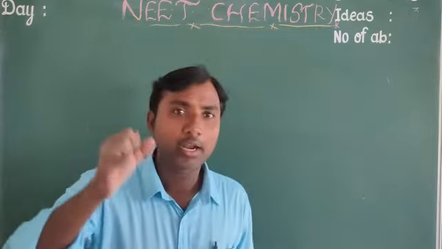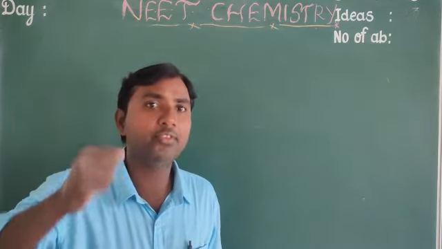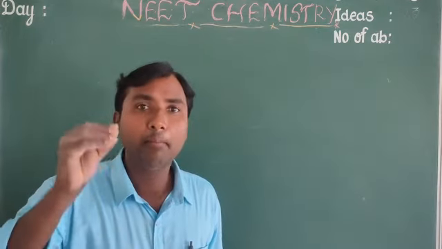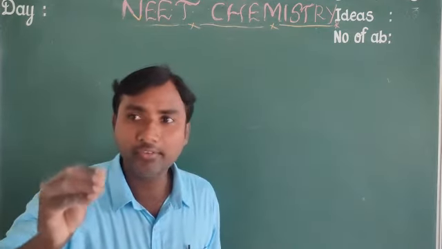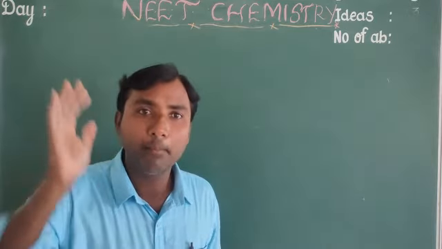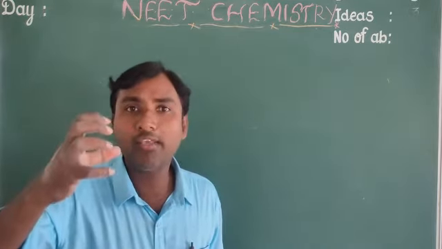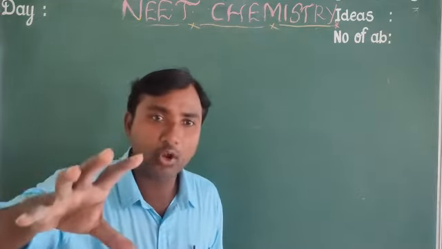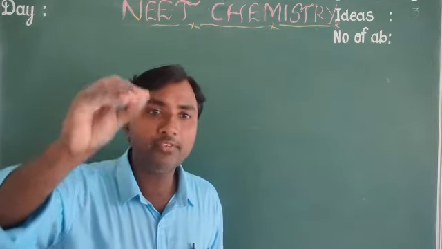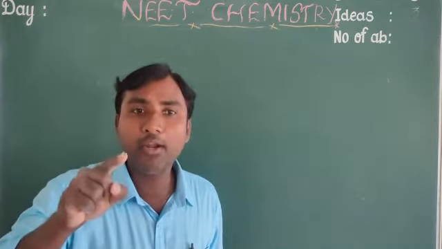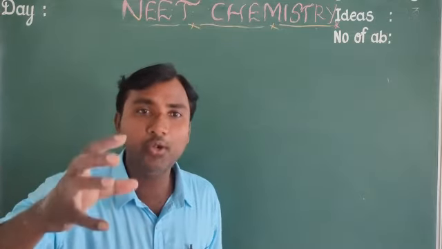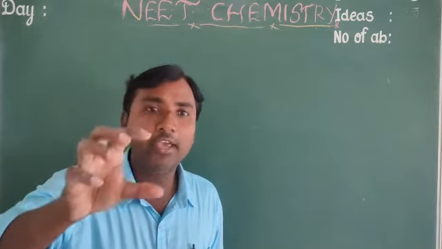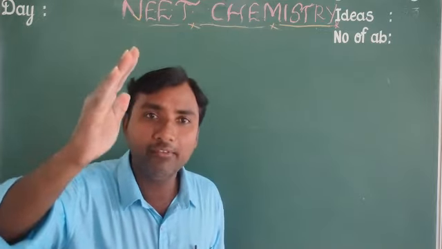Non-metallic compounds have more electronegative character, while metallic compounds have less electronegative property, because metallic substances are always ready to lose electrons. That's why they have less electronegativity. Non-metallic compounds are always ready to gain electrons. That's why they always have more electronegativity.